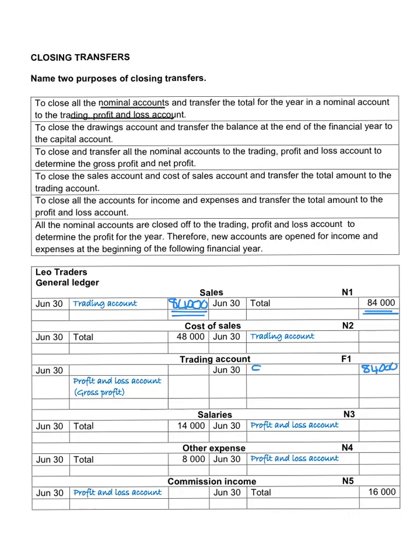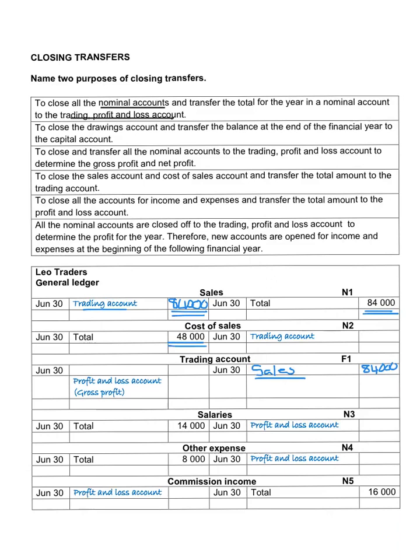And we will indicate in the trading account that this amount will be transferred from the sales account, so the double entry is in the sales account and the amount in the sales account is on the credit side of the trading account.